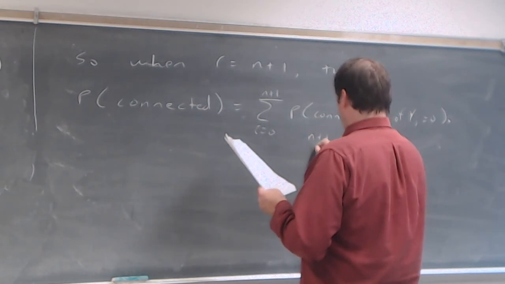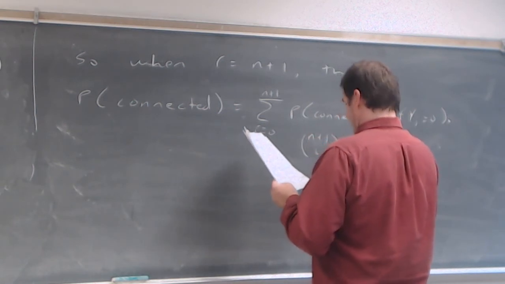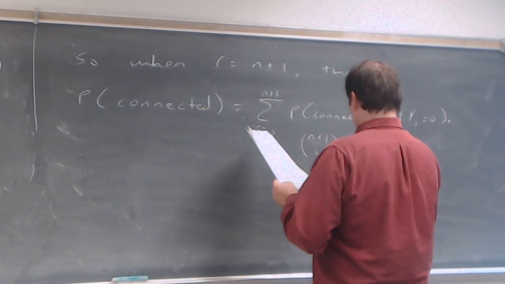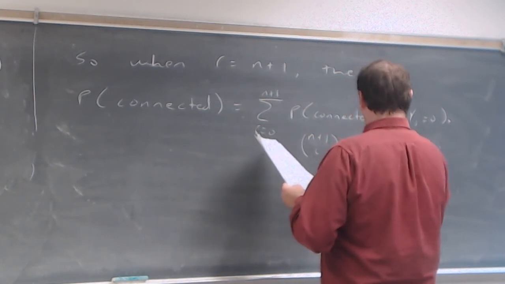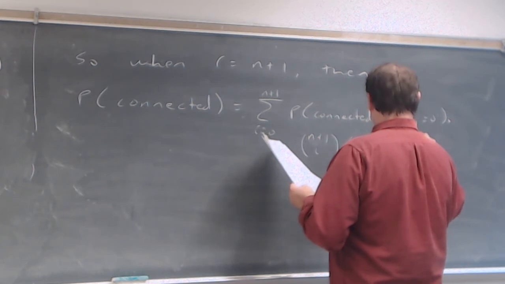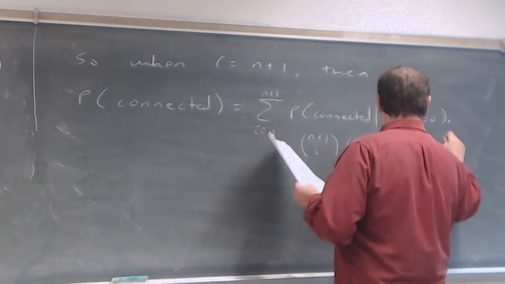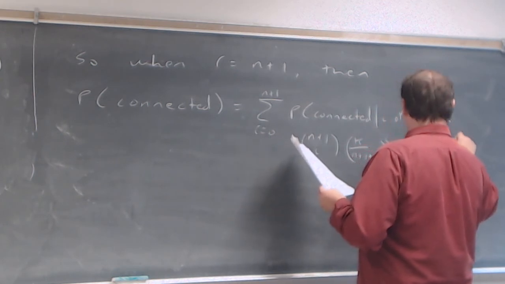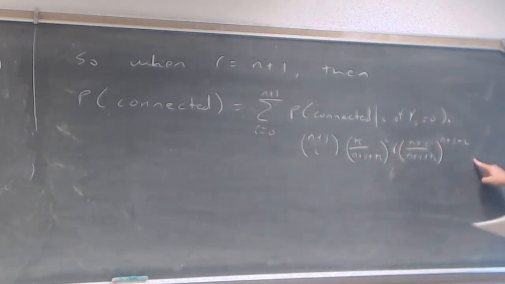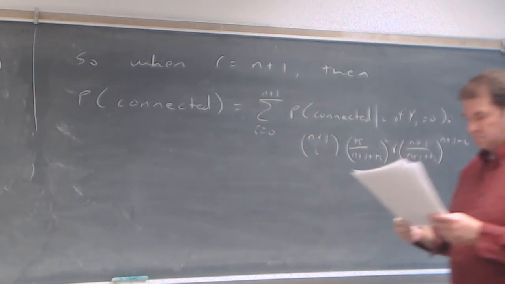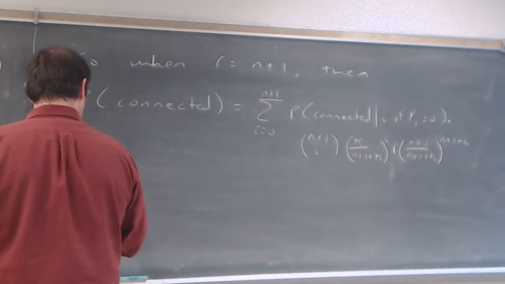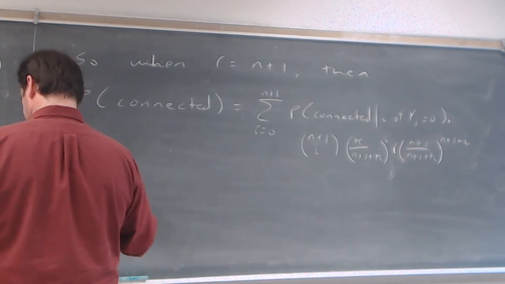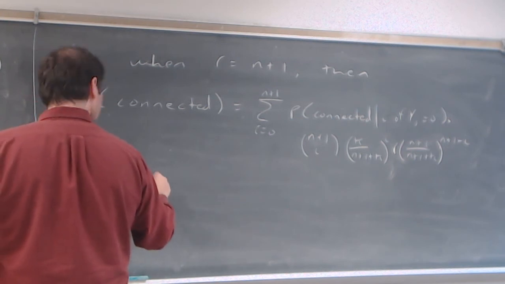Remember, it was n plus 1 choose I, k over n plus 1 plus k raised to the I, and here it was n plus 1 over n plus 1 plus k raised to the n plus 1 minus I. That's equal to a sum as I runs from 0 to n plus 1.